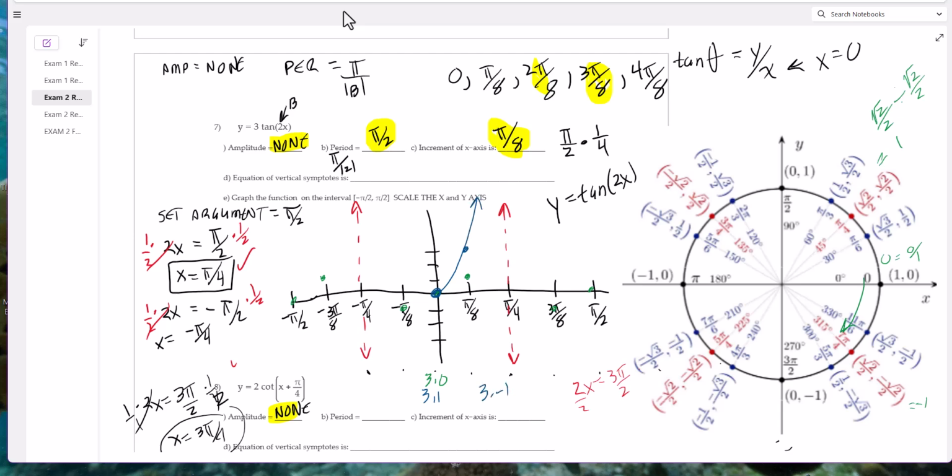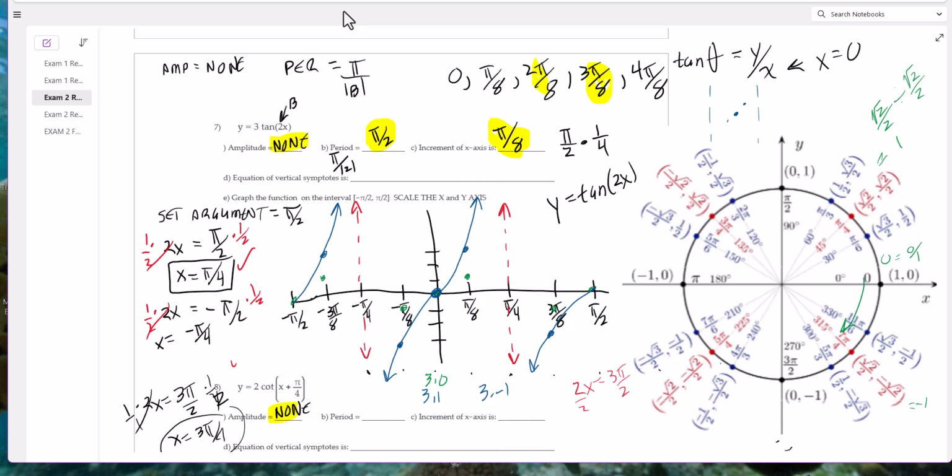And then the rest of this you could just repeat. So that part of the graph goes like this. This part of the graph goes like that. So that's how that goes. You want to remember what the basic tangent wave does. In between the asymptotes, you're always going to have this shape that goes like that. So that's how that goes.